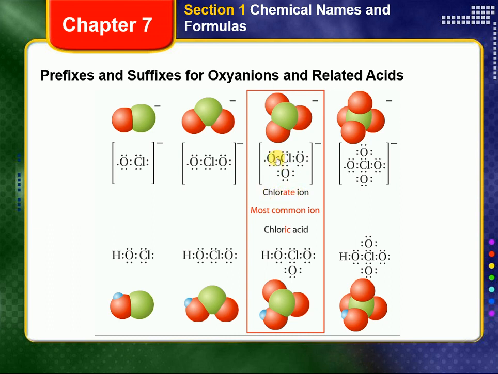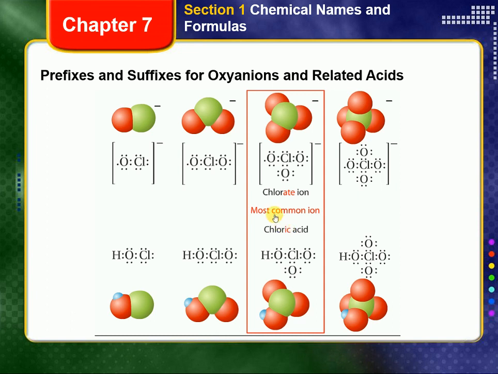This is the most common ion. When it forms an acid, meaning we've taken that chlorate ion and added this acidic proton, aka acidic hydrogen, we replace the ate ending with ic acid. Ate becomes ic.